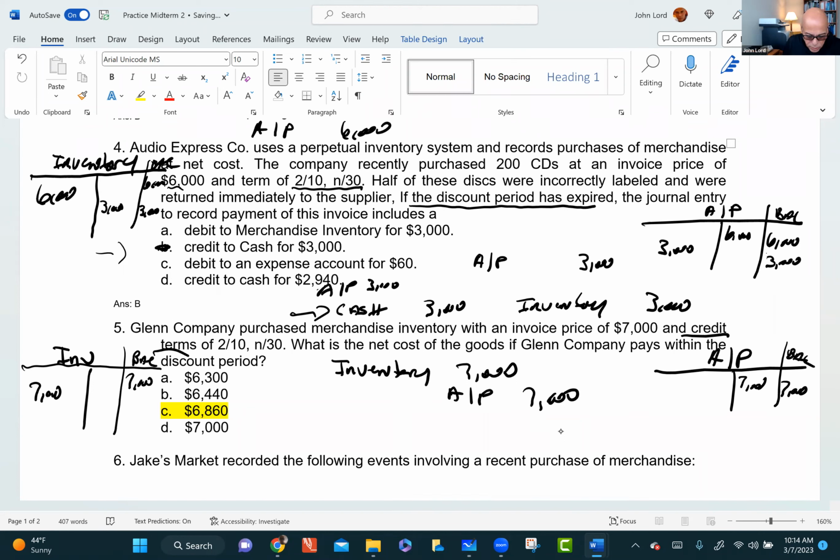Okay, good. Now they tell me that the credit terms were 2/10 net 30: a 2% discount if I pay in 10 days, otherwise I have to pay the whole amount in 30 days. What is the cost of the goods if Glenn Company pays within the discount period? Well, if I owe 7,000 and I want to take a 2% discount, 7,000 times 0.02, guys, is that $140?